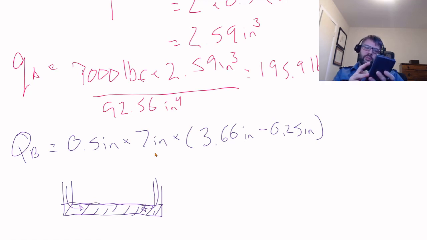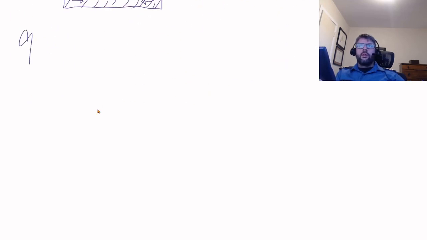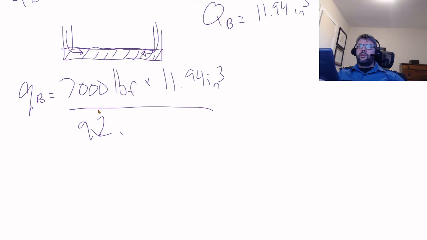And what does that give us? That's a QB equal to 11.94 inches to the third. So for shear flow at B, that's going to be equal to the 7,000 pounds times 11.94 inches to the third, all divided by 92.56 inches to the fourth.